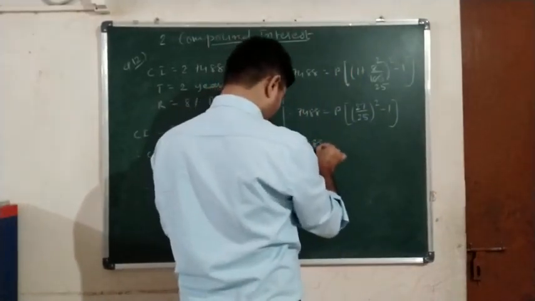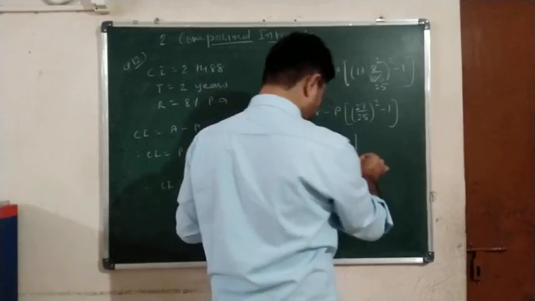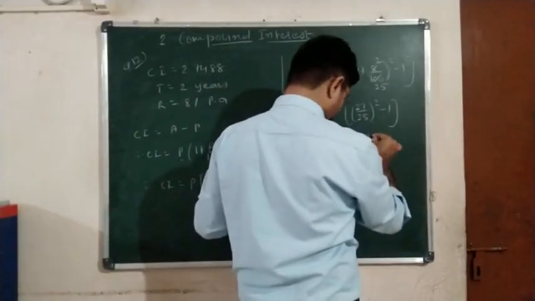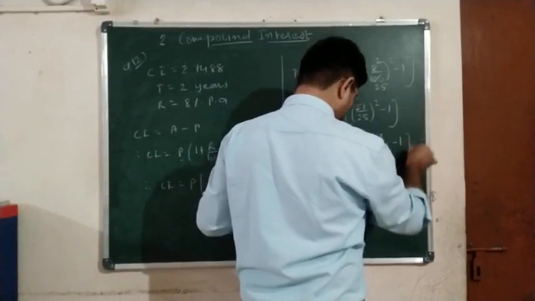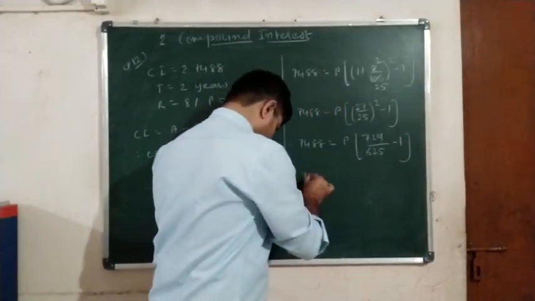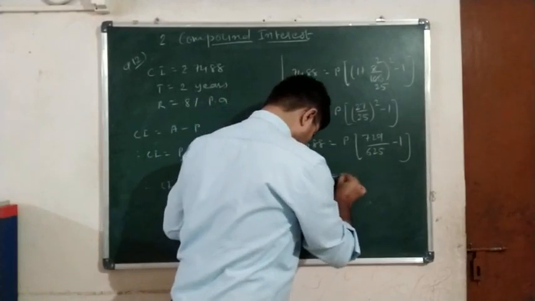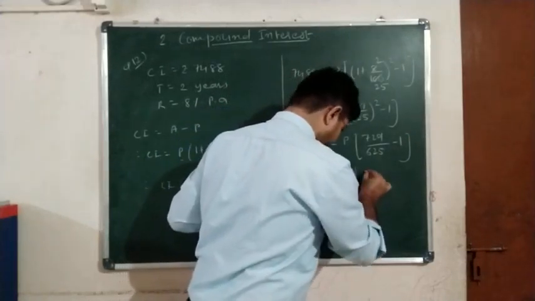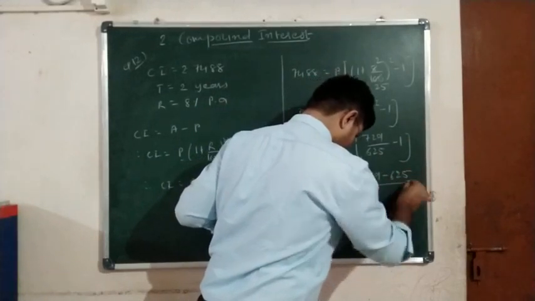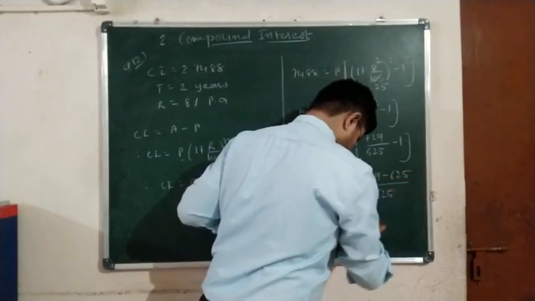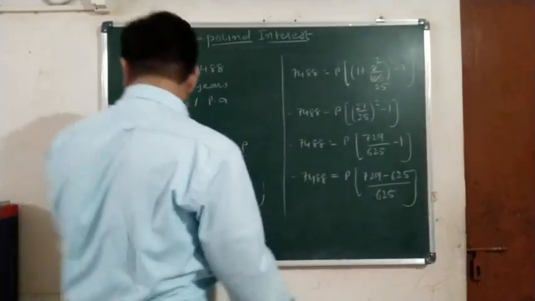Therefore 7488 is equal to P into 27 square is 729, 25 square is 625, minus 1. Therefore 7488 is equal to P into 729 minus 625 upon 625.